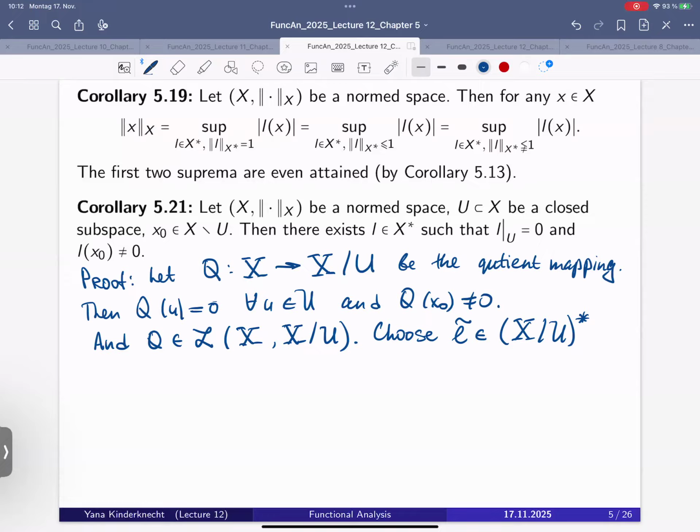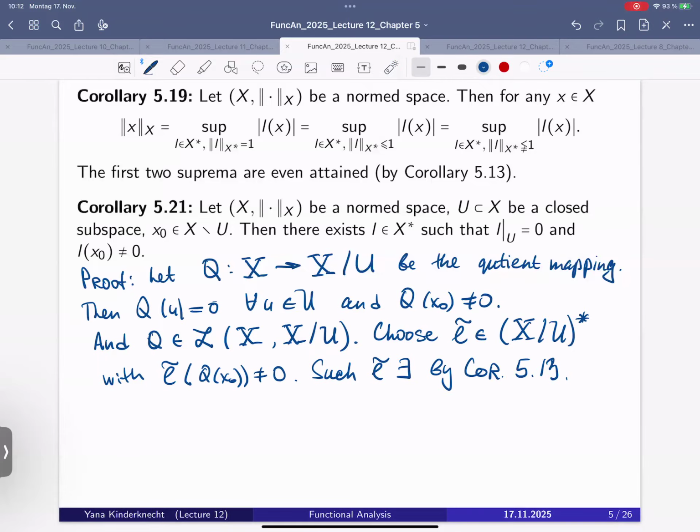We can take such a linear functional satisfying the condition that L tilde at the point Q of x0 is not 0. So such L tilde exists by corollary 5.13, which we have already seen.